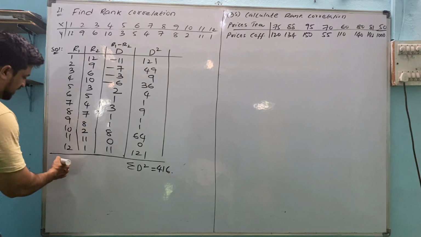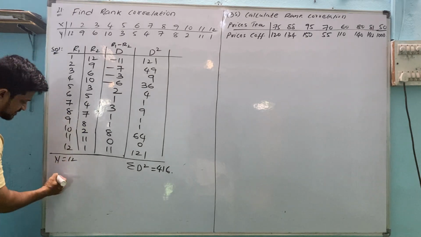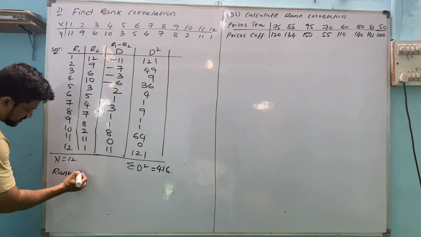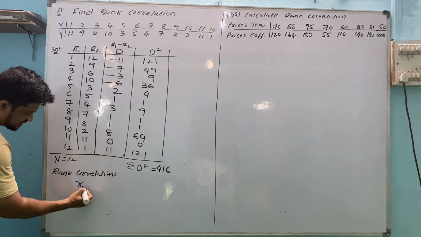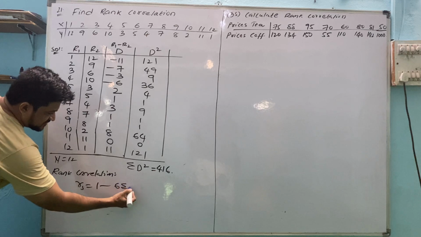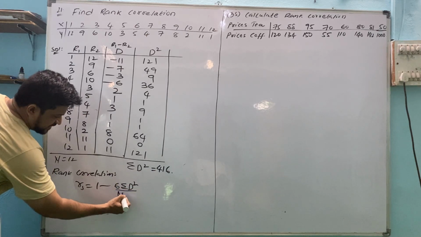Now, the value of n is 12. Rank correlation or Spearman's correlation, Rs equals 1 minus 6 into sigma d square by n cube minus n.